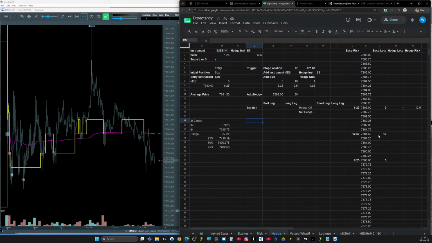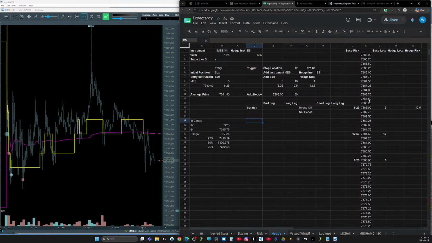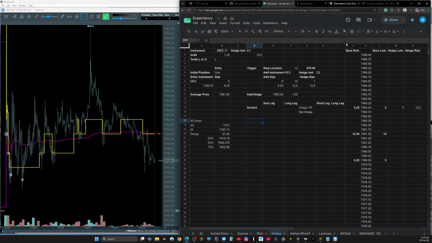So this is a direct hedge, and it's 6 ticks or 1.5 points. And that's the maximum loss that could happen as long as the hedge is in force. The price can go to the moon, it can go to the floor. It doesn't matter. The most risk you're going to have is right there.